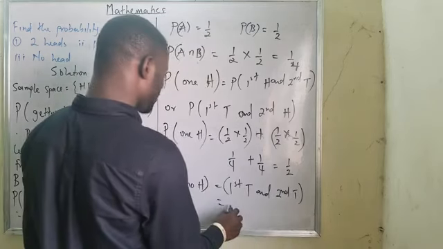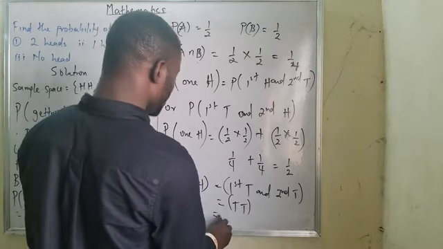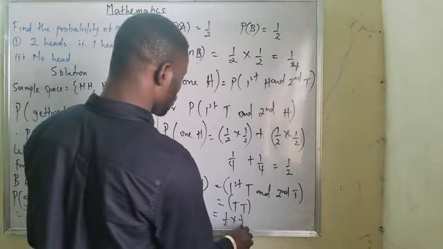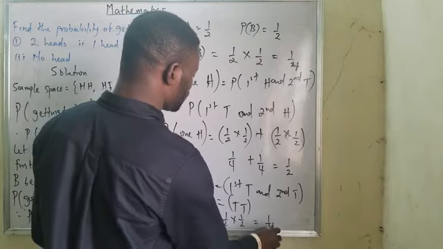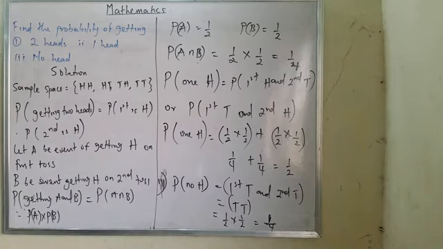Now it means 1 over 2 multiplied by 1 over 2, which is equal to 1 over 4. That is my answer, 1 over 4. That is all about that.